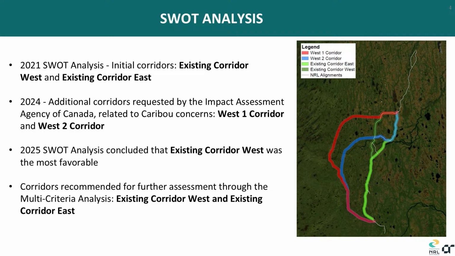And then in 2025, another SWOT analysis concluded that the existing corridor west was the more favorable one. And so, in terms of going forward with more detailed assessment, the two corridors recommended were the existing corridor west and the existing corridor east.